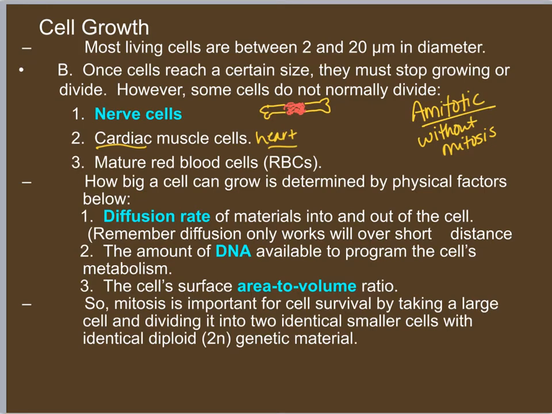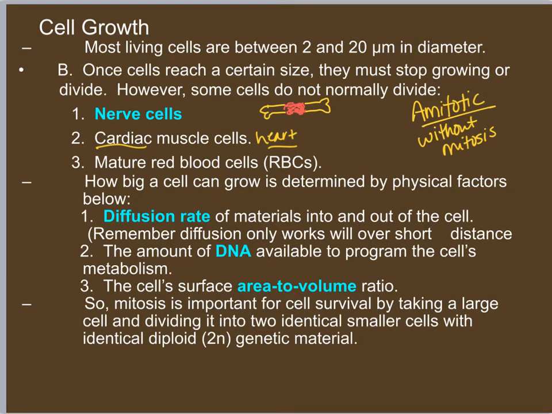What happens with a heart attack is the blood is blocked from getting to the heart muscle. So those heart muscle cells do not get oxygen. They don't get food. And if that goes on for so long, those cells will die.